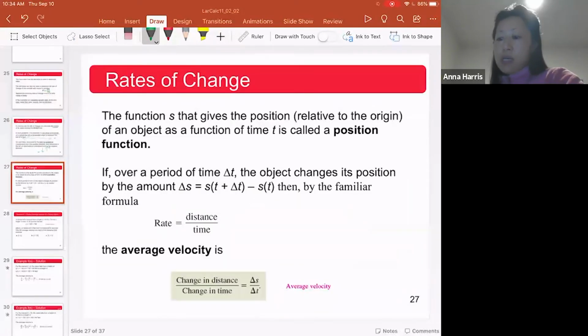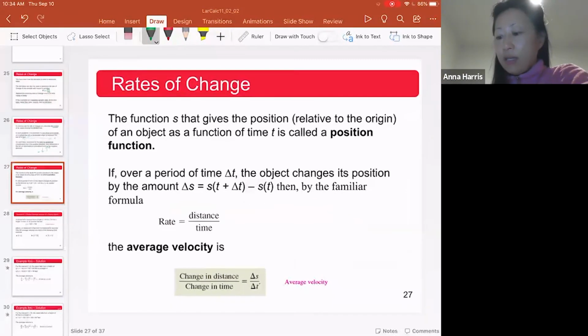So the position function, okay, when you take physics, you're going to talk about position functions, velocity functions, and acceleration functions. So I'm doing it in a way that you will use in your physics class, okay? So the rate, or I can call it average velocity, whichever, okay?